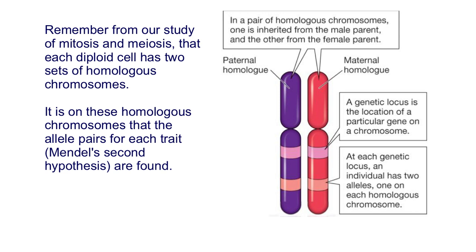We already talked about this. So a 2N cell, a diploid cell, has, let's say, your skin cell. It has two sets of every chromosome. One came from your mom's egg, and one came from your dad's sperm.